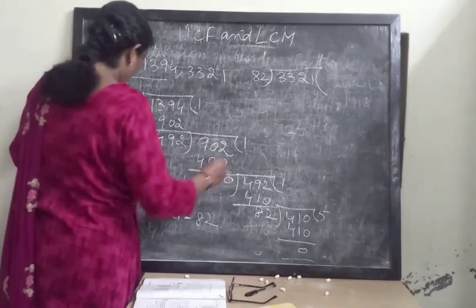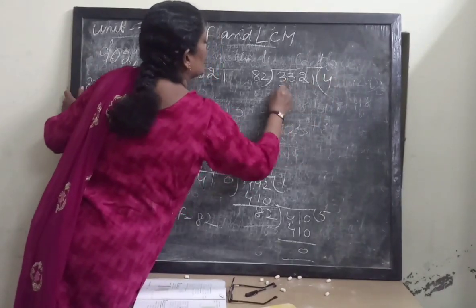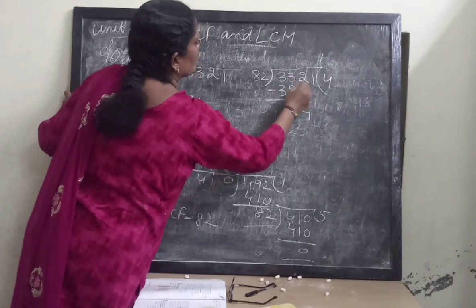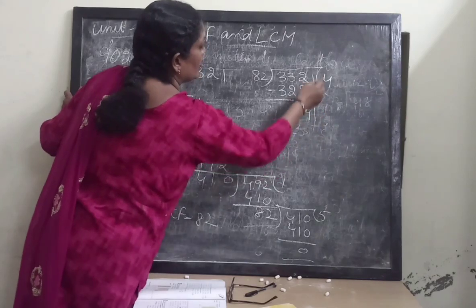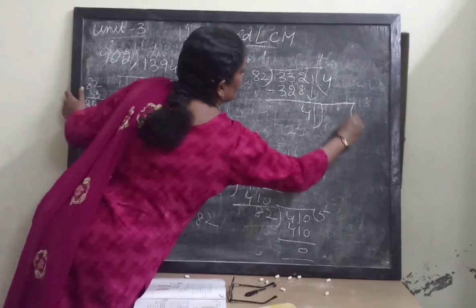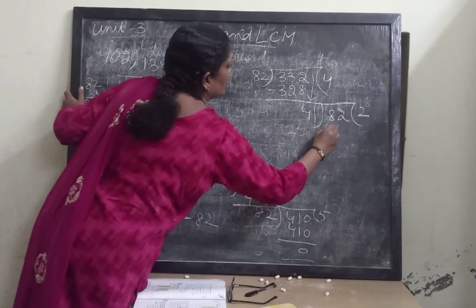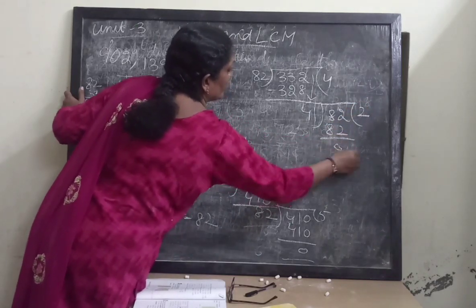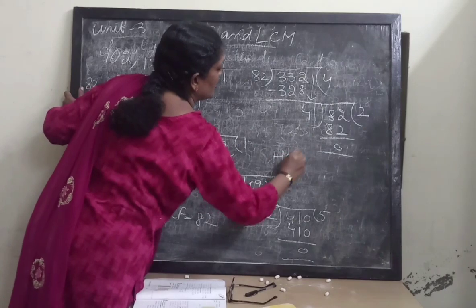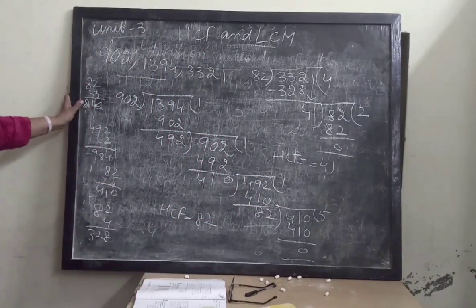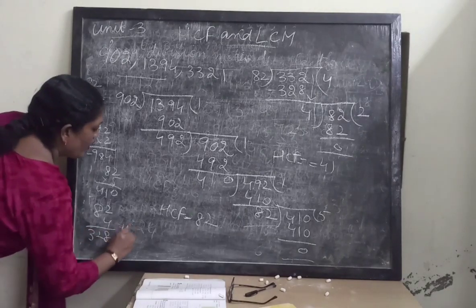It is okay. 4s are 328. 12 minus 8 is 4. Then 1 here. Now no number is there. Now shift it. 82 will become the dividend. 41 2s are 82. So which is the HCF of the 3 numbers? 41.